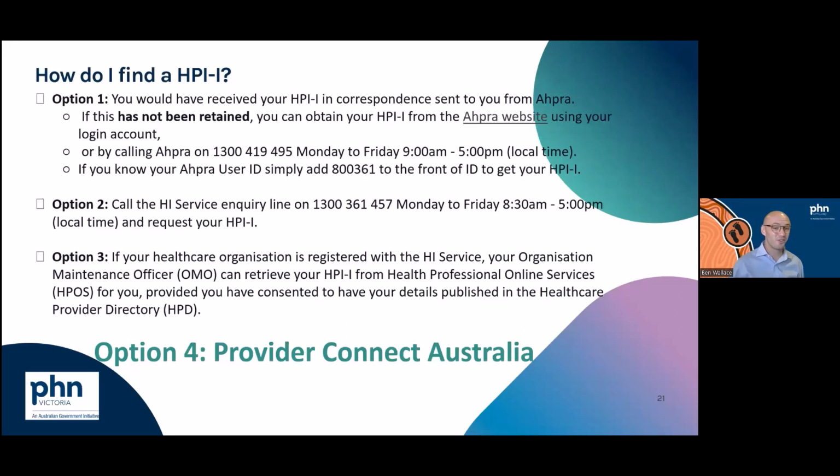They can also call the HI service inquiry line on 1300 361 457, Monday to Friday, 8:30 to 5 p.m. And then the OMO can retrieve it from HPOS if they know how to do that.